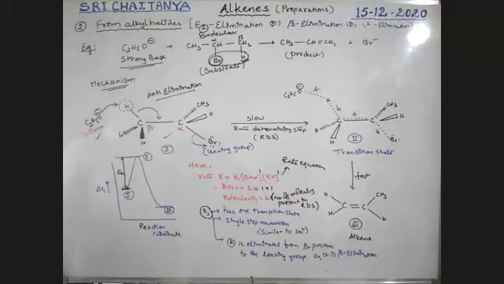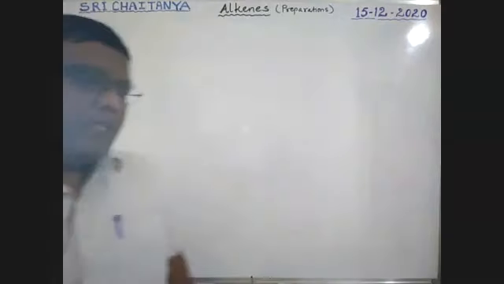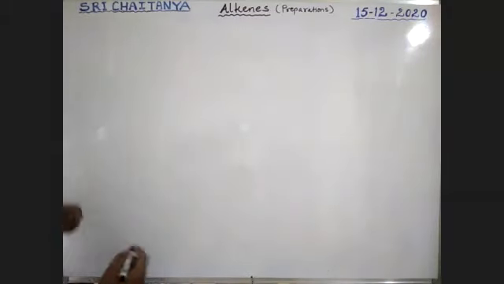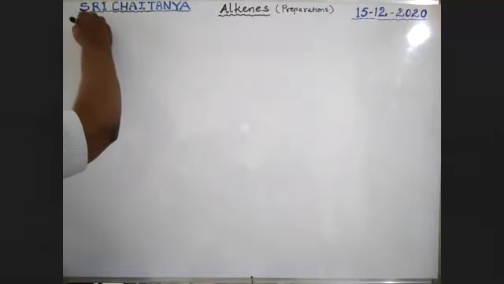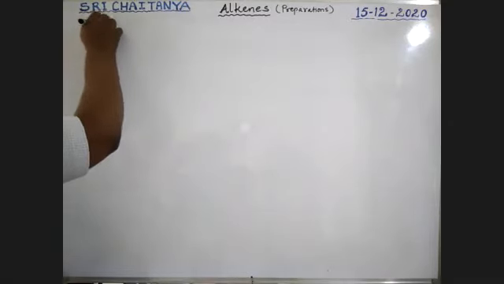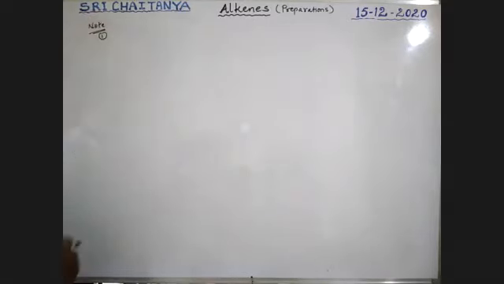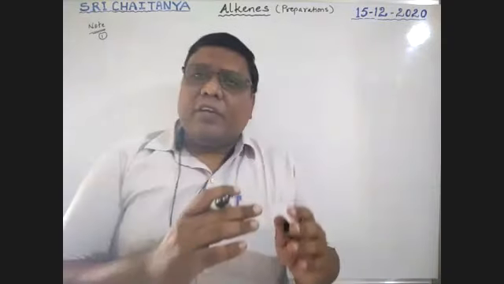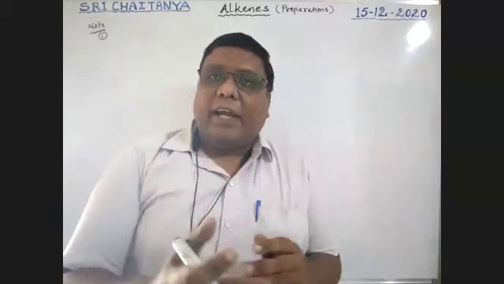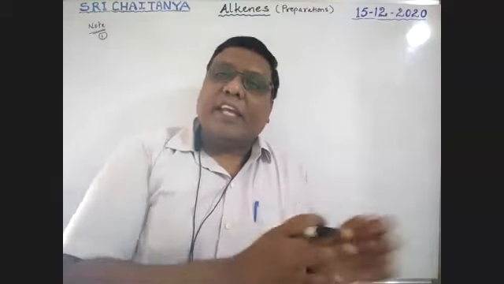That is the preparation of alkenes. Let us discuss one by one. So some conditions. Okay, boys. In beta elimination, first one, note point 1. The order of reactivity. That means if the leaving tendency of the leaving group is very, very high, alkene formation is easy.